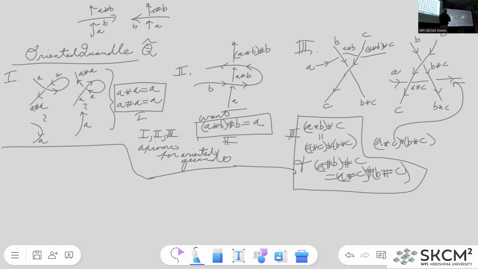I want to give you some examples of these kind of problems. So example number 1 is group theoretic. G is any group, multiplicative.